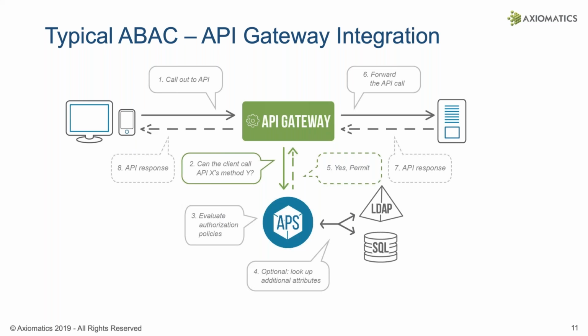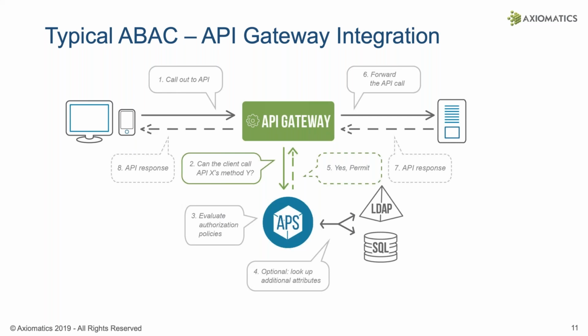And if we only do this authorization, then the API gateway would forward the API call in number 6 here to the backend API or backend source and get a response in 7 and return it to the caller in 8.